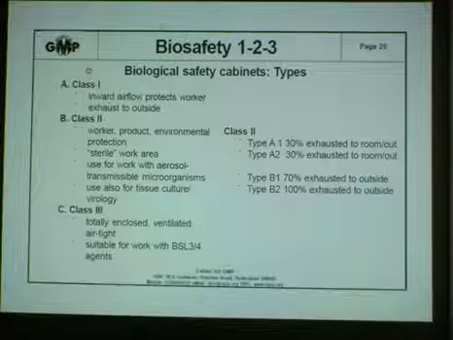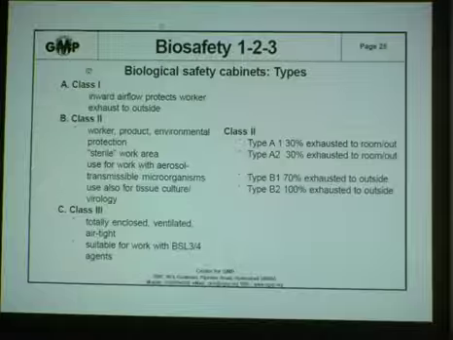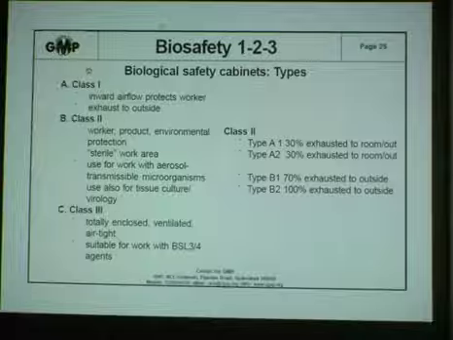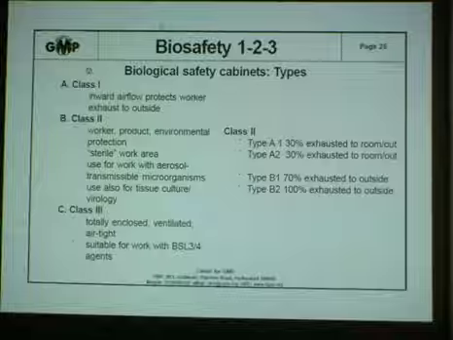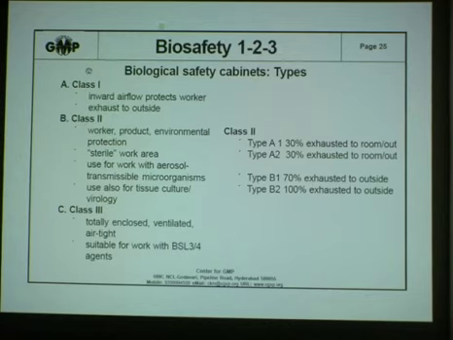Now, class 2 has different design configurations. You have broadly two groups, the A group and the B group. Type A1 and type A2 are designed to exhaust 30% of the air. That exhaust is HEPA filtered and could be returned to the laboratory environment or exhausted outside. But it is not hard ducted outside.